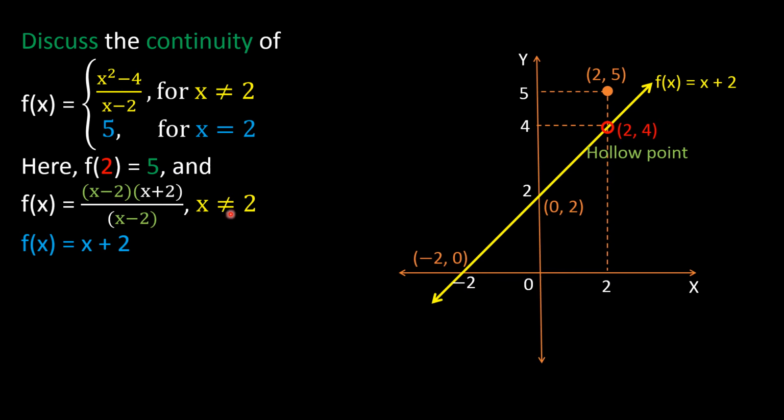Now since x is not equal to 2, we can find the limit of the function as x approaches 2 as the limit of x plus 2 as x approaches 2. We will replace x by 2, so it will be 4. Now since x is not equal to 2, the point (2, 4) will be a hollow point like this, and it will not lie on the graph of the function.